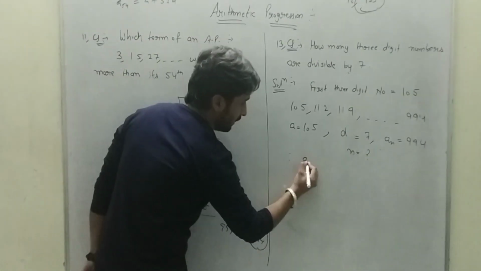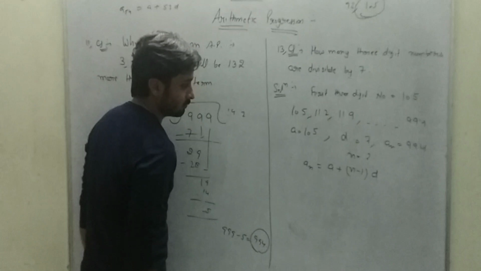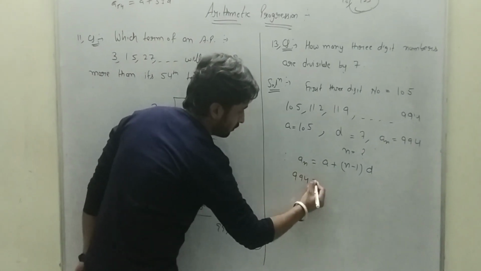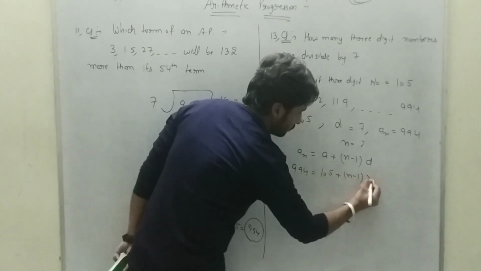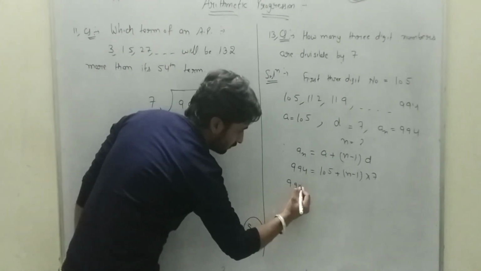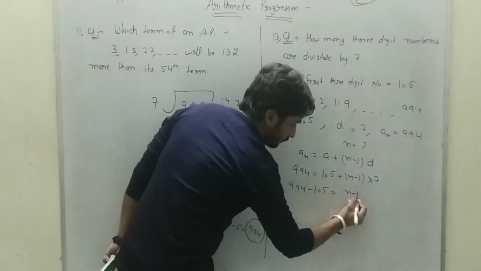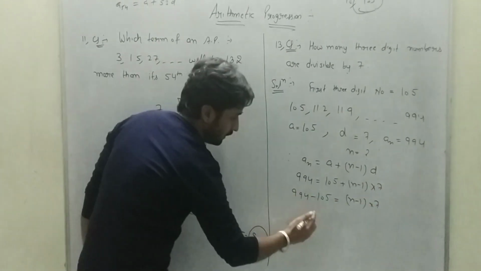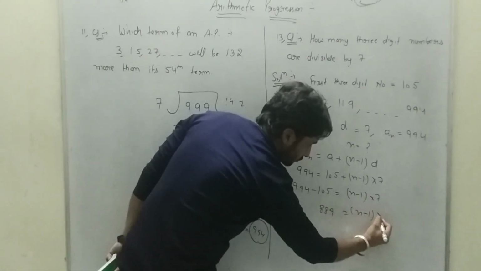Just apply the formula: an equals a plus (n minus 1)d. an is 994, a is 105, plus (n minus 1) into d, which is 7. First subtract 105 from the right-hand side. This will be 889 equals (n minus 1) into 7.